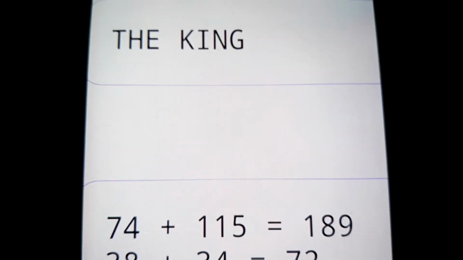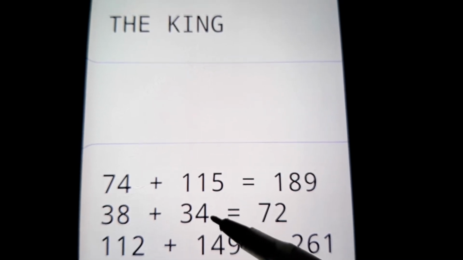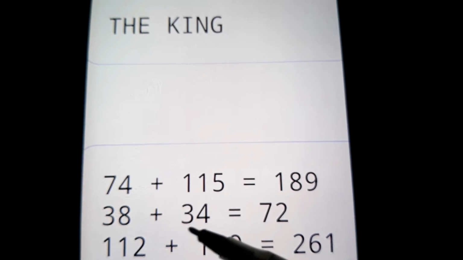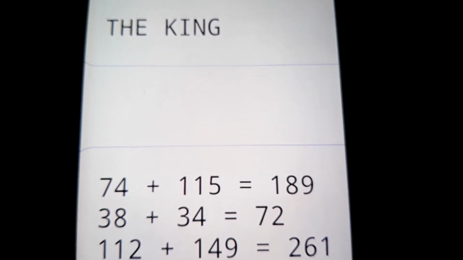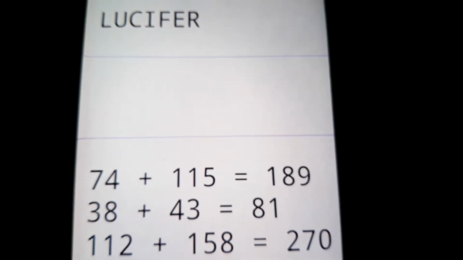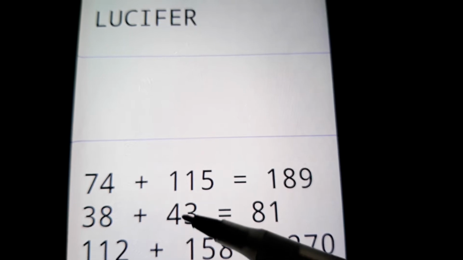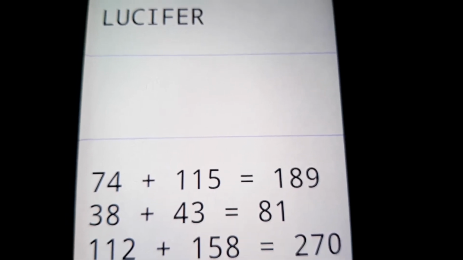And look at this. King, do you know what word almost equals the exact same? The only number difference is going to be this one right here. For the words "the king," it equals almost exactly the same as Lucifer. You see that? The only difference is this number. Instead of 43 like it is here, it's 34.